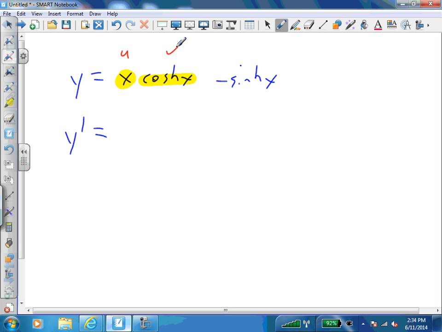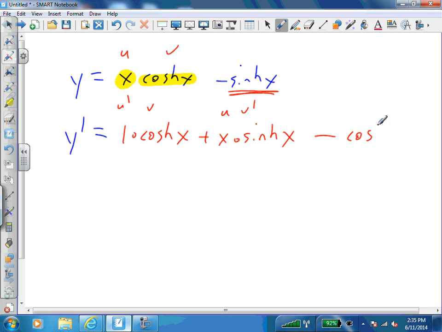If we call that u and v, it's u prime times v plus u times v prime. What's the derivative of hyperbolic cosine? Hyperbolic sine. So that's u prime v plus uv prime, then minus this derivative. The derivative of hyperbolic sine, hyperbolic cosine.